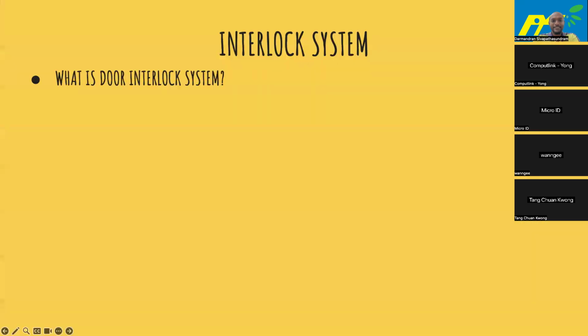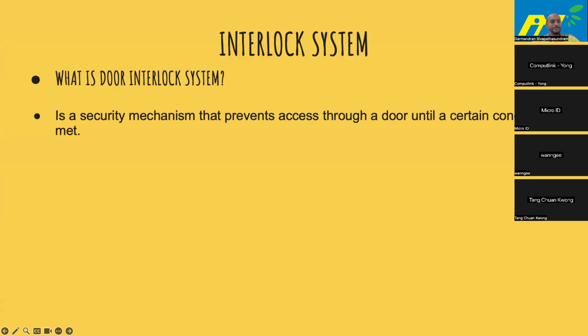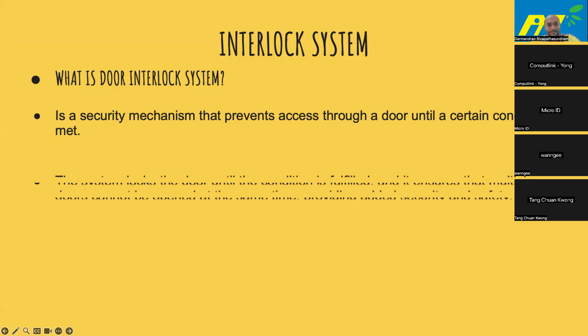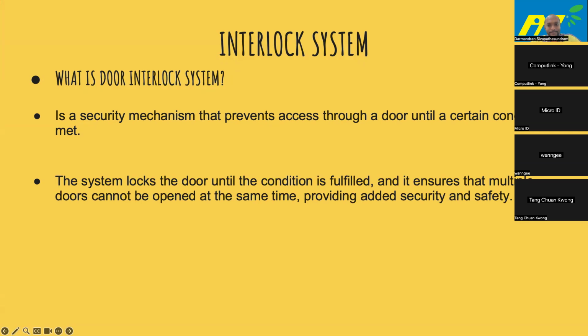What is a door interlock system? From the video we can understand it is a security mechanism that prevents access through a door until a certain condition is met. The system locks the door until the condition is fulfilled, and it ensures that multiple doors cannot be opened at the same time, providing added security and safety.